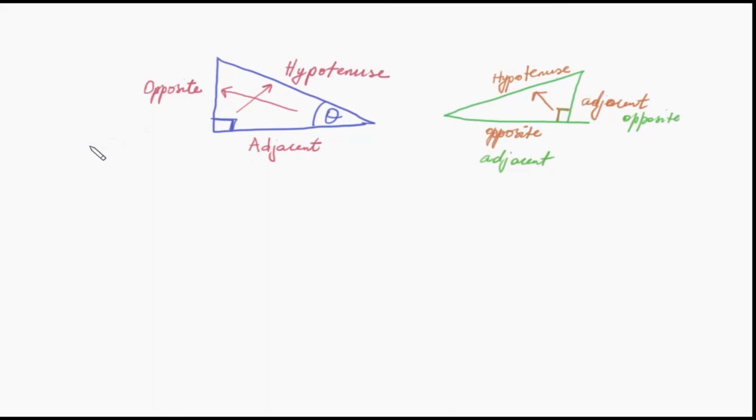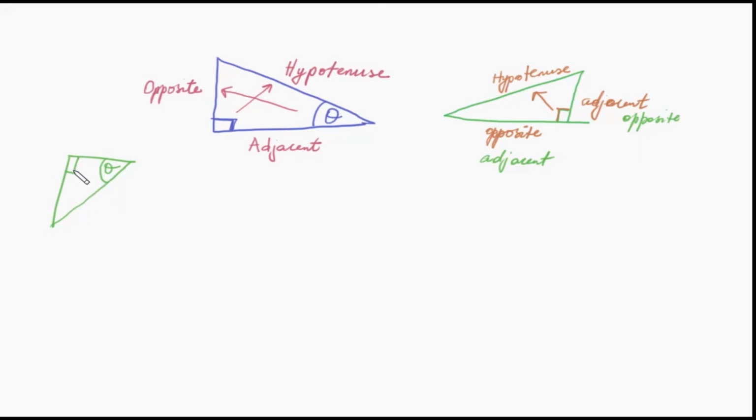Now let's see. In mathematics, in the practical scenario, you cannot write hypotenuse or adjacent or opposite. We use symbols. So let's say we have this triangle, and it's a right angle triangle. And then the angle is given here as angle theta. So what happens next?